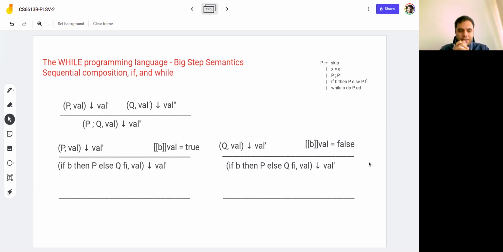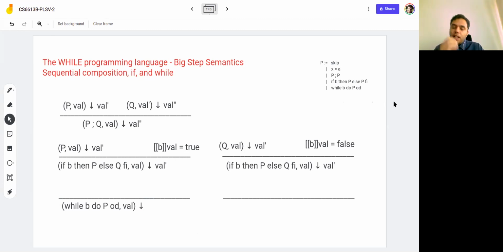Okay, now we get to the interesting part. The interesting part is what happens with while. So we can write a bunch of different rules for while. While B, P, and we're starting from evaluation. Okay, it becomes hard to read the chat.